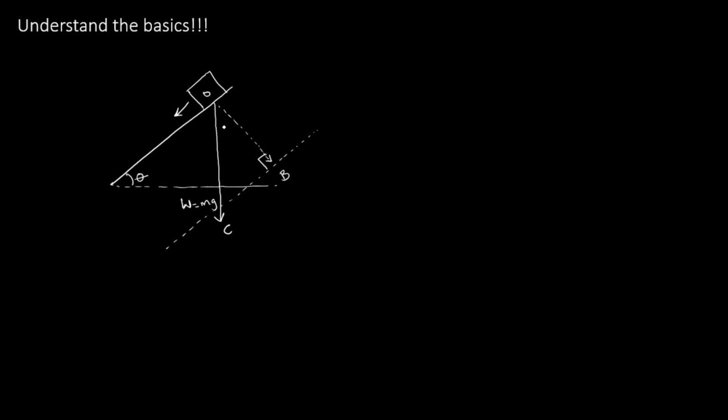Alright? Now, don't forget we're trying to find the expressions for the parallel components and for the perpendicular components. The parallel is BC while the perpendicular is OB. How do we find them?